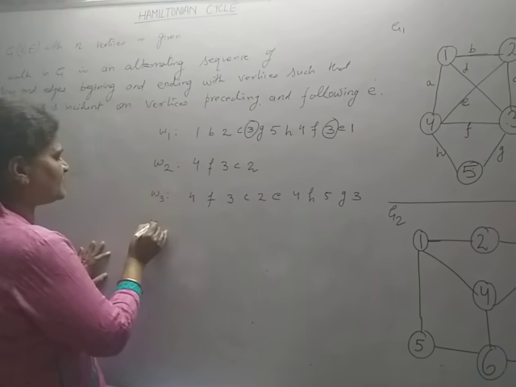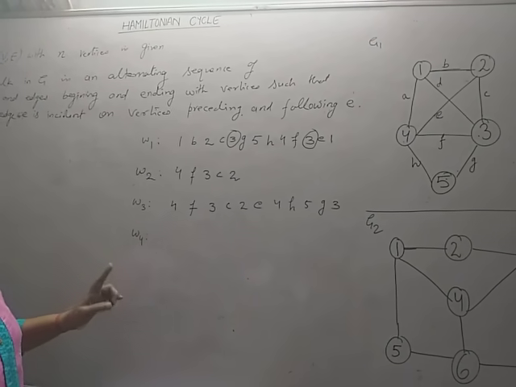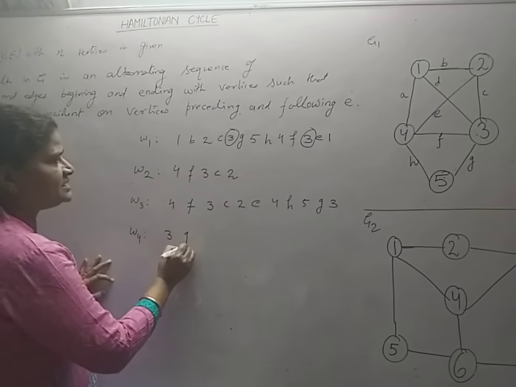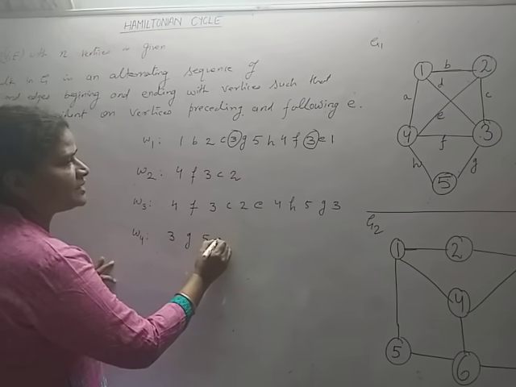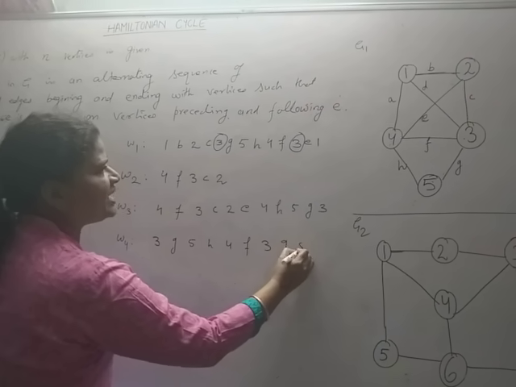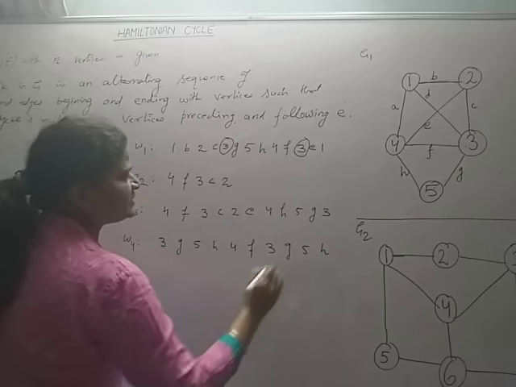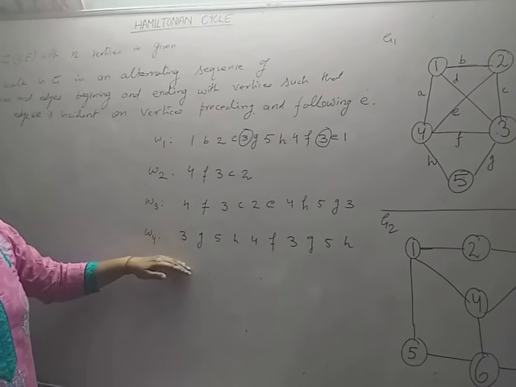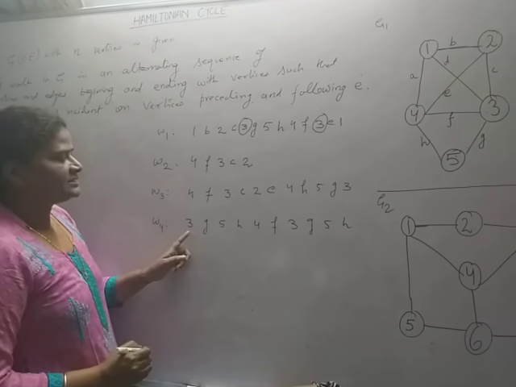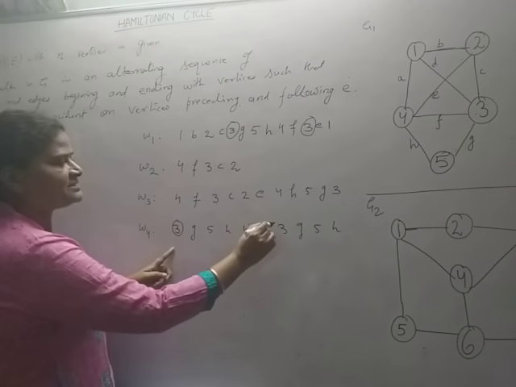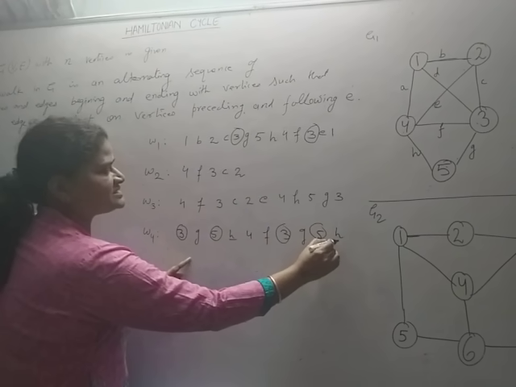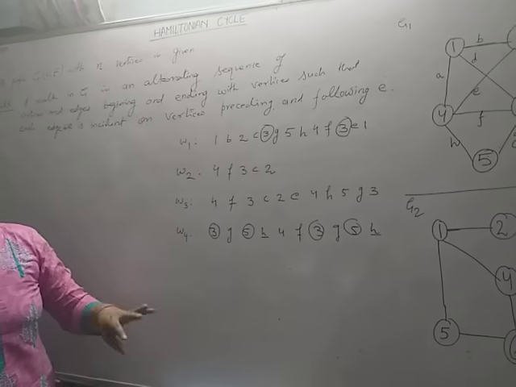Suppose for the same graph we write the walk as 3 G 5 H 4 F 3 G 5 H. See here, the edges and vertices are both repeated. In this walk, the vertex 3 is repeated, the vertex 5 is repeated, and the edge H and G are repeated. So a walk is simply a traversal.